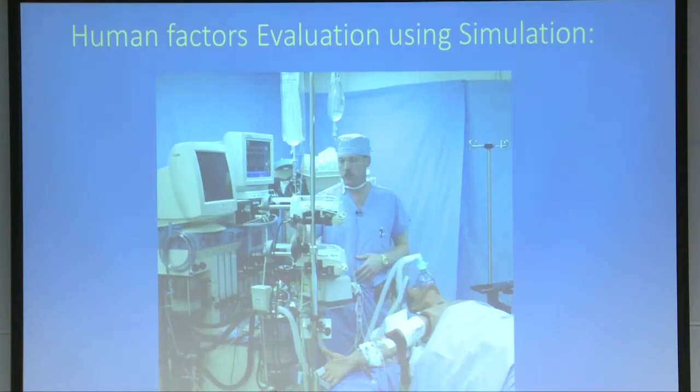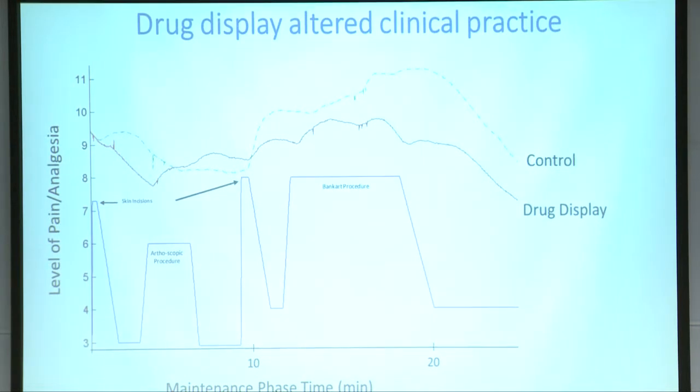So I'd like to take a minute now and talk about the human factors evaluation of the displays and how they have been useful. What value can we claim from using these displays of kinetics and dynamics?